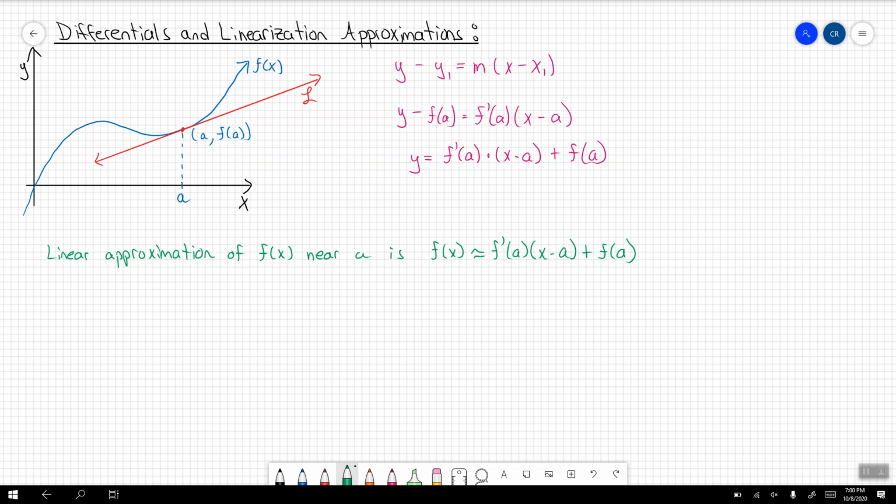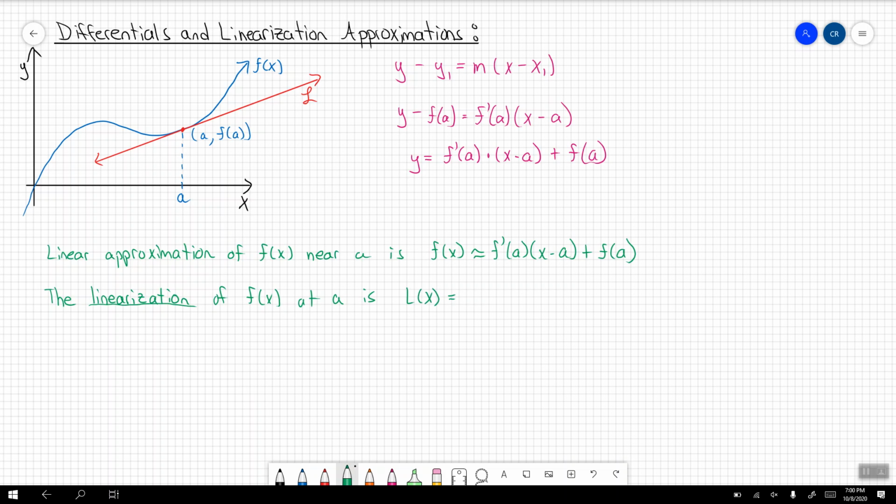Now we want to streamline this a little bit more. Instead of saying that we want to find this linear approximation, what we're going to say now is that the linearization of the function f of x at a, we're going to use the notation L of x.